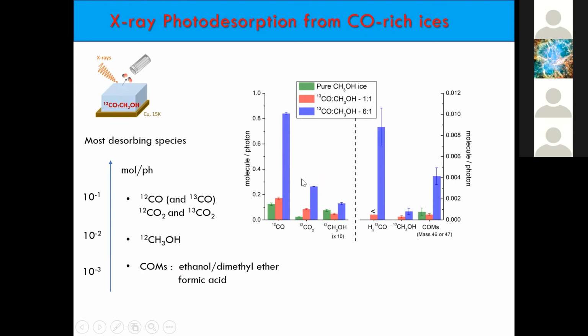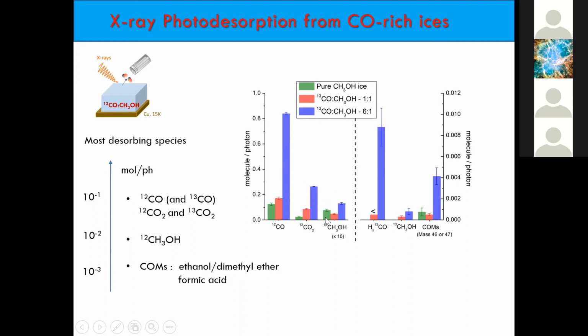So we again see the desorption mainly of CO, followed by CO2, followed by methanol. But in each case, you see that when we dilute, we increase the desorption of 12CO here, just by surrounding it with 13CO.